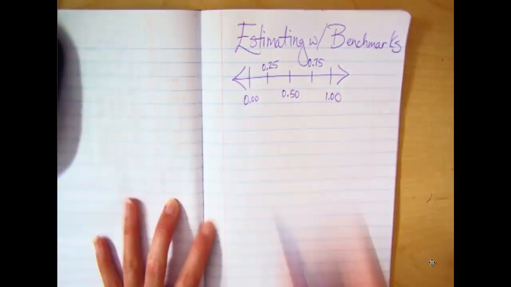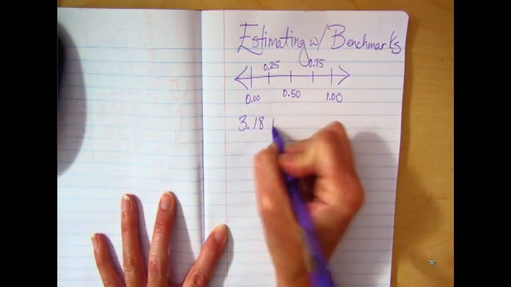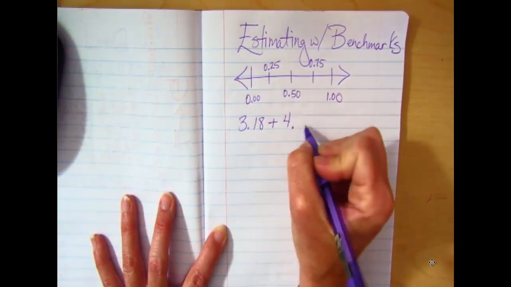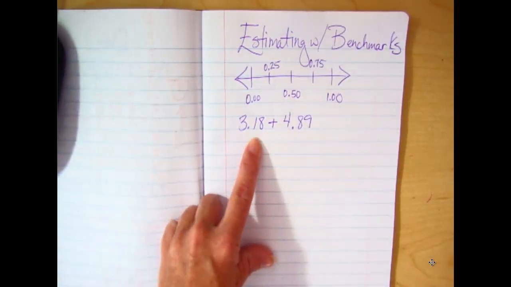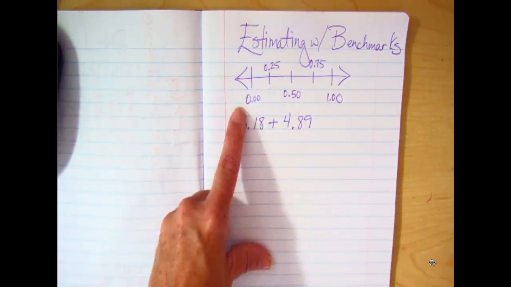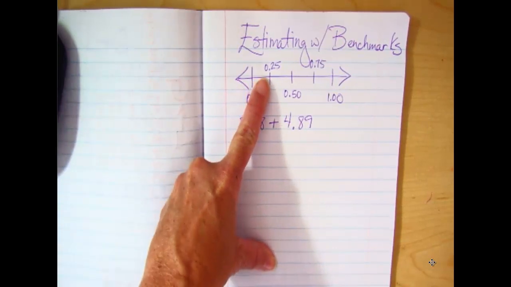If I have 3 and 18 hundredths plus 4 and 89 hundredths, 18 hundredths is between which two benchmarks here? The 25 and the 0. It's going to be between the 0 and 25.